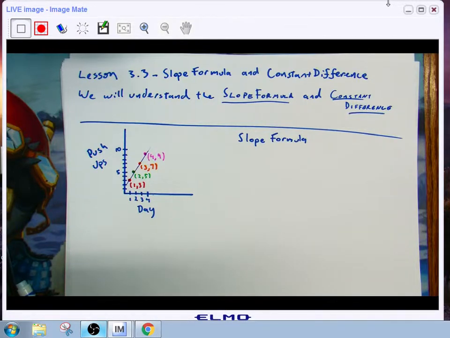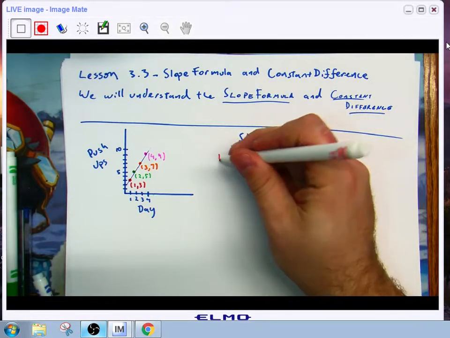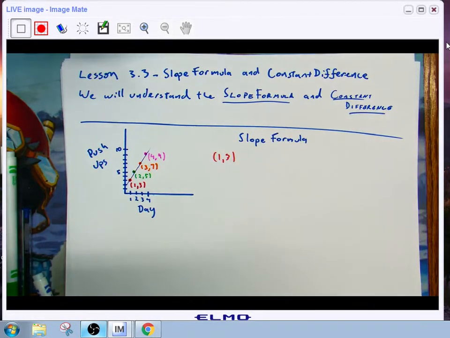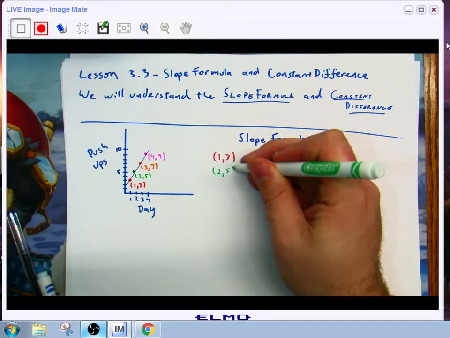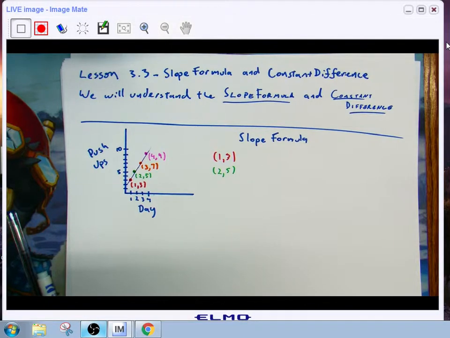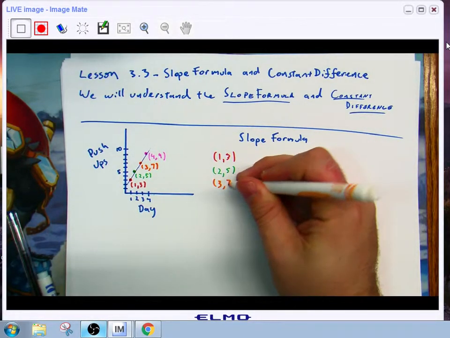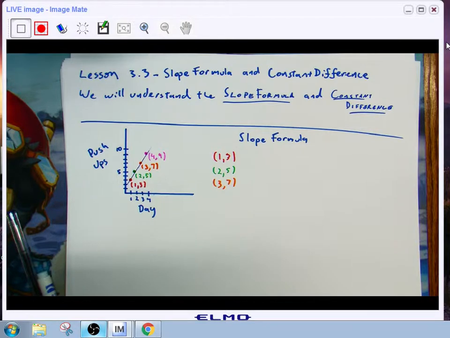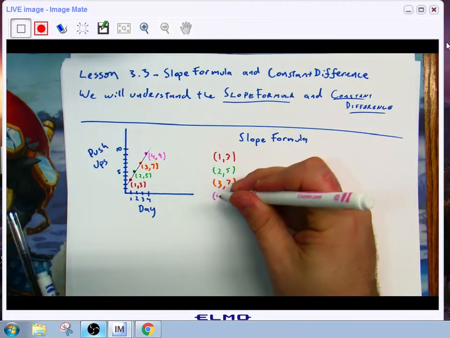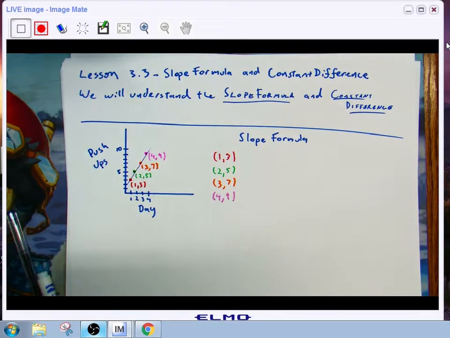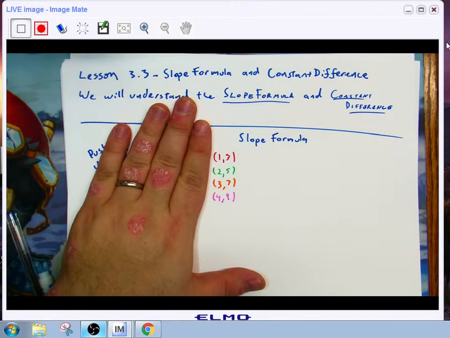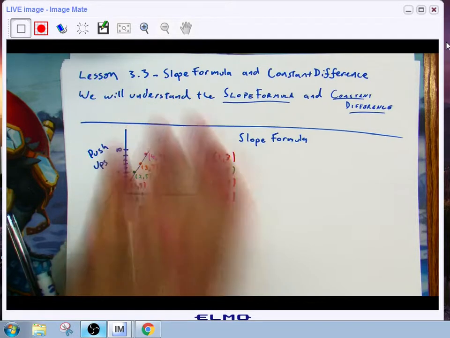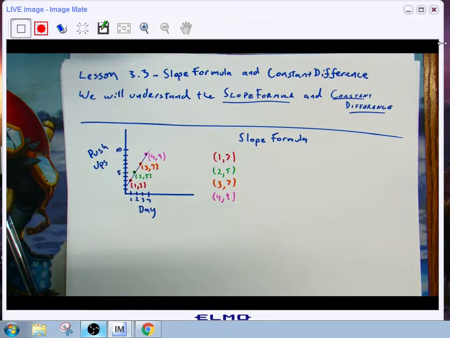I know that the point 1, 3 is there, the point 2, 5 is there, the point 3, 7 is there, and the point 4, 9 is there. If I didn't have the graph, could I still figure out what the slope of this line is? The answer, of course, is absolutely, and I'm going to show you how. It's called the slope formula.